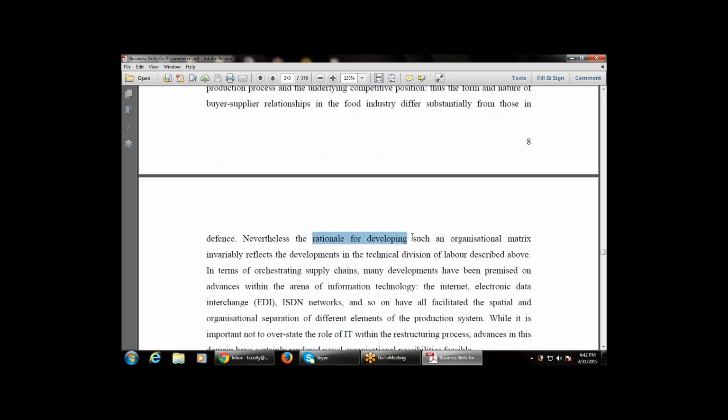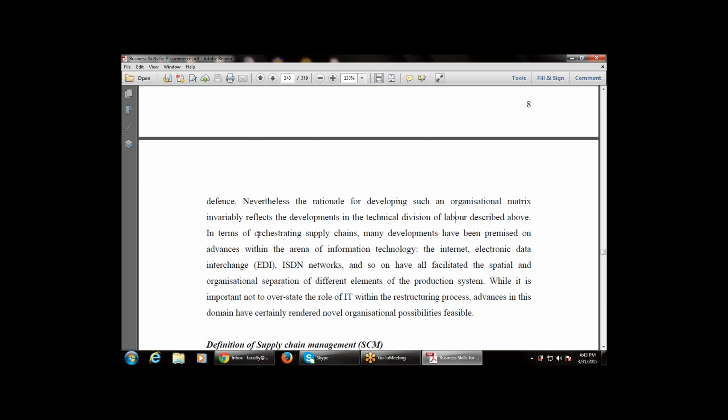Nevertheless, the rationale for developing such an organizational matrix invariably reflects the development in the technical division of labor described above. In terms of supply chains, many developments have been premised on advances within the area of information technology.